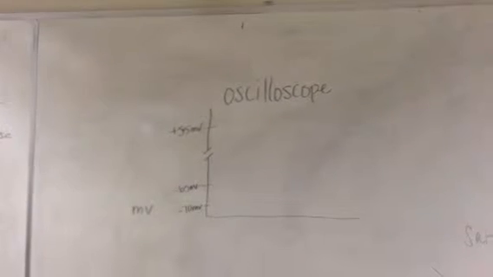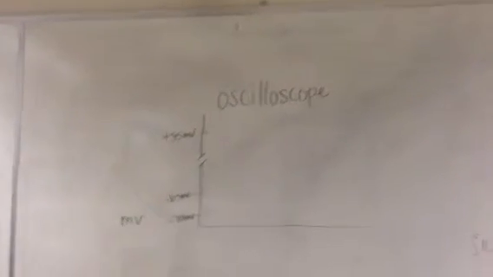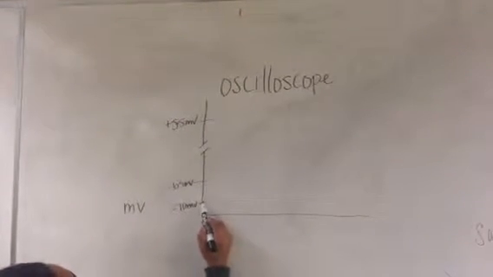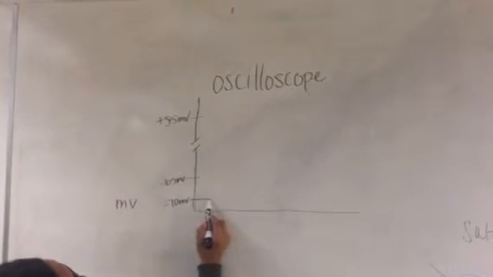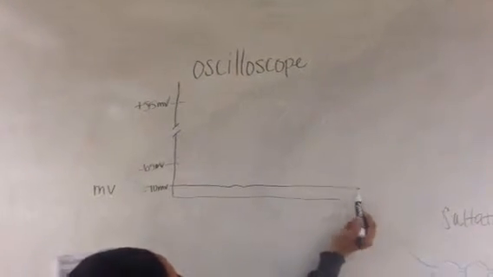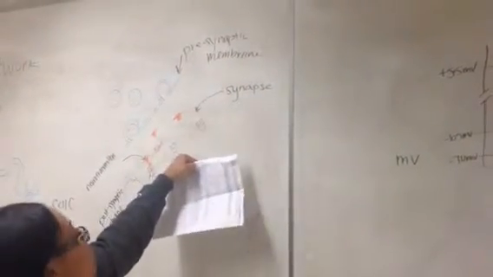And before the ion channel opens, the cell is at rest. And on the oscilloscope, with the cell being at rest, that is measured at -70 millivolts. That's the cell at rest before the receptor opens.